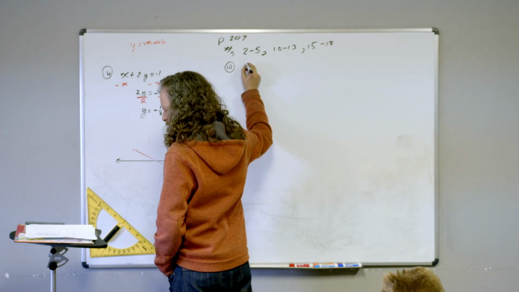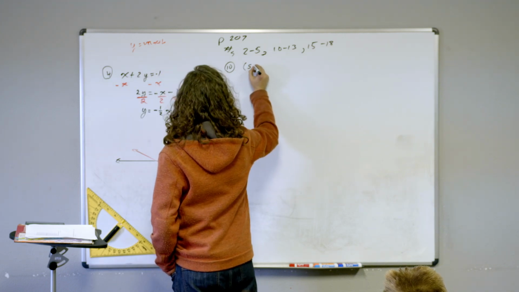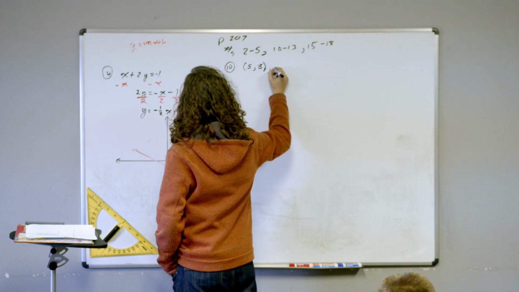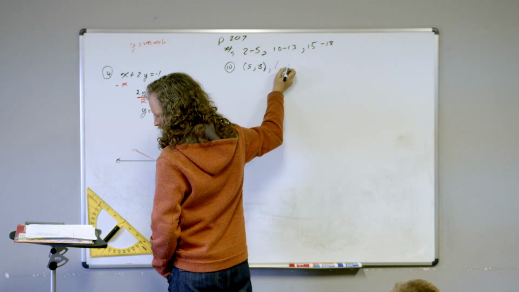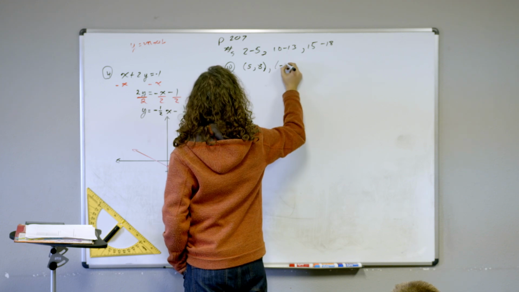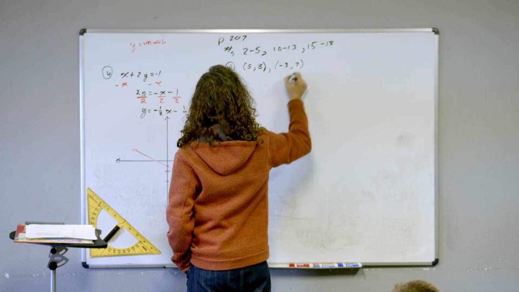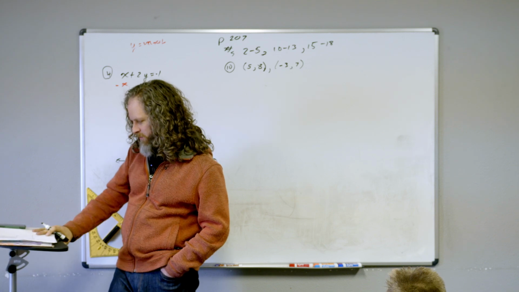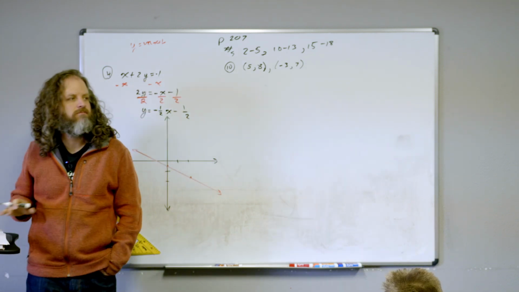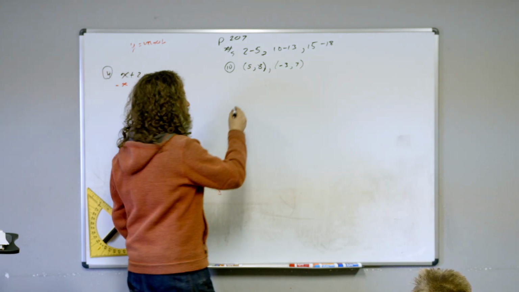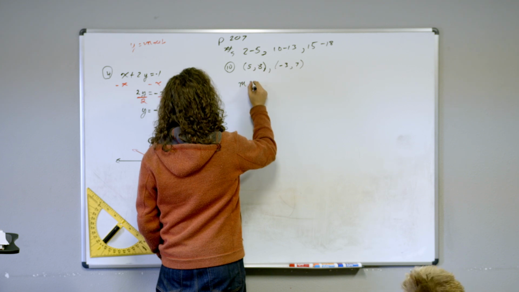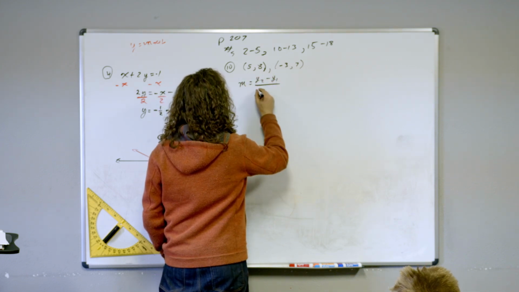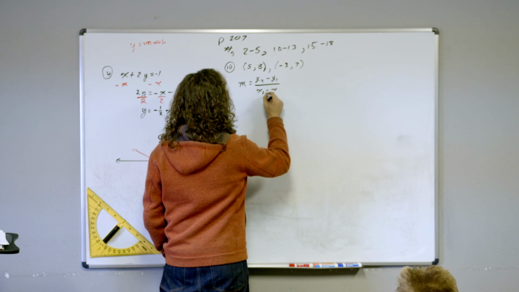So for number 10, we're supposed to find the slope between 5/8 and negative 3/7. So how do we find the slope between 2 points? m equals y2 minus y1 over x2 minus x1.